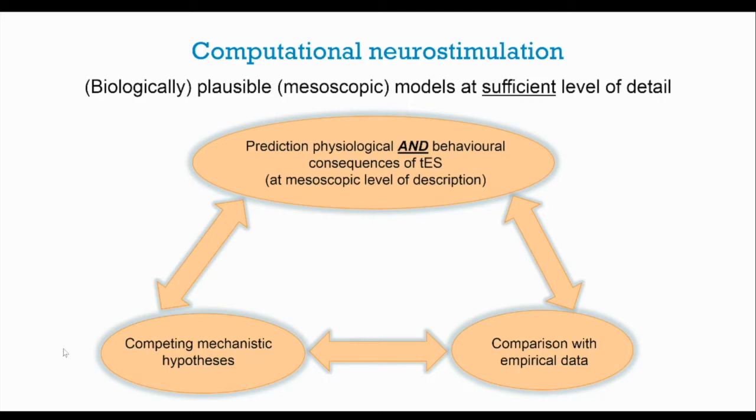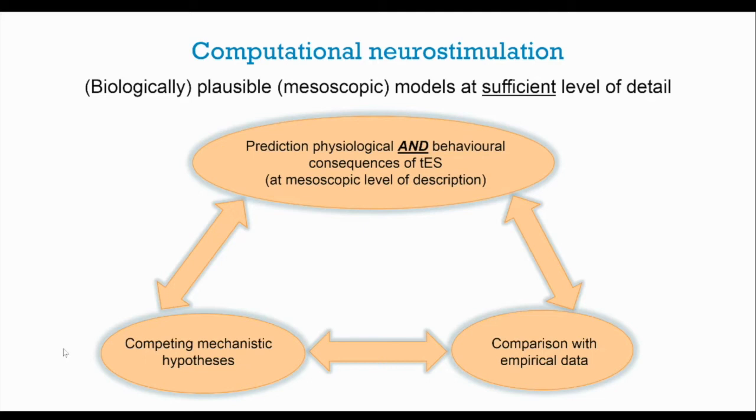And sufficient detail is very broad. I guess often what one sees in the literature is that it doesn't require making a model or simulating single neurons in all the intricate detail, ion channels and whatnot, but is generally sufficiently achieved at a mesoscopic level of observation. And in fact, sometimes a behavioral computational model in itself could be sufficient to make a good prediction.